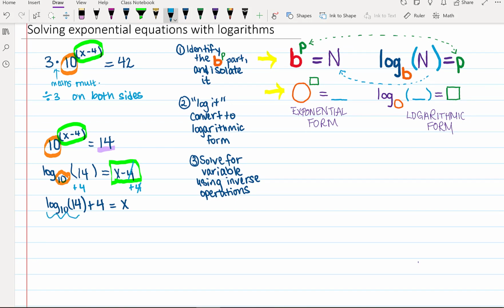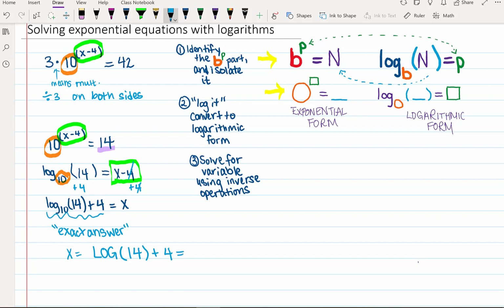Now, maybe this doesn't look like a very pretty answer, but that would be what we'd call an exact answer. I can go further and approximate its value using a calculator. To calculate a log base 10, I just press the LOG button. That's already a log base 10. So I'm going to do LOG of 14, and then I'm going to add 4.